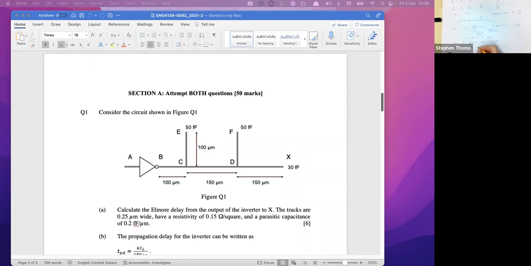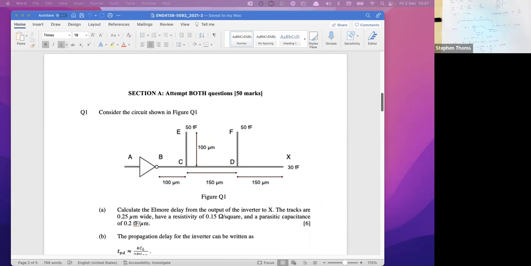So the capacitance here is going to be 30 femtofarads, that's for the wire, plus 30, and that's from X, equals 60 femtofarads. So you need to take into account the final capacitance. Generally speaking, with Elmore, this is one of the most important and difficult stages of the calculation, working out all your resistances and capacitances. So that's the first stage.